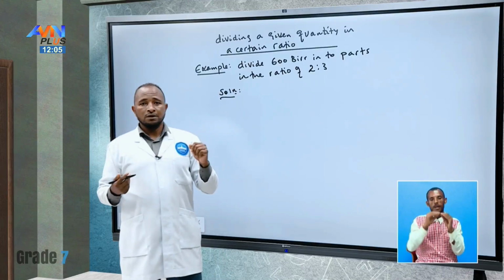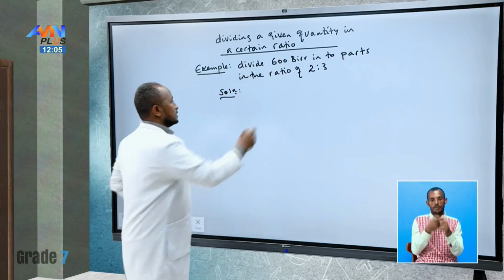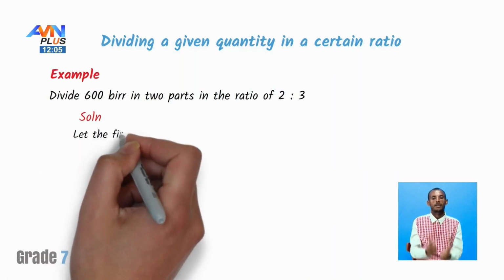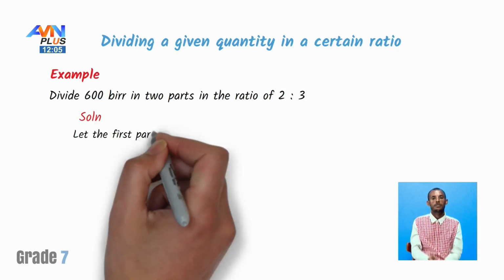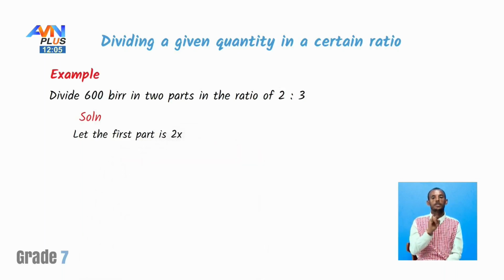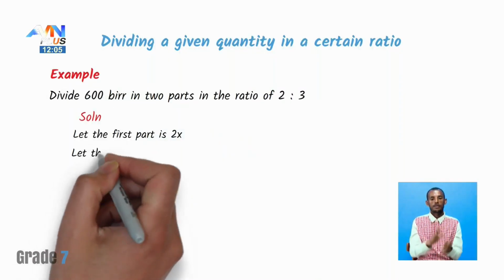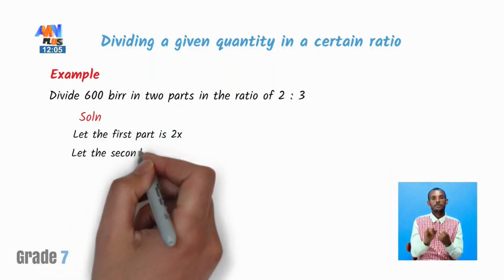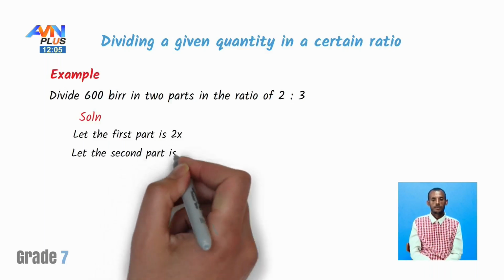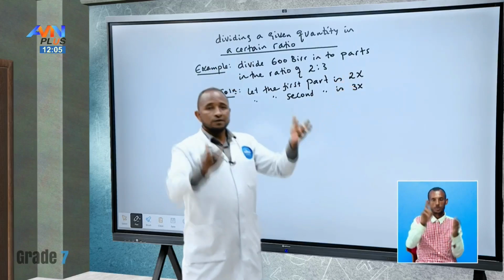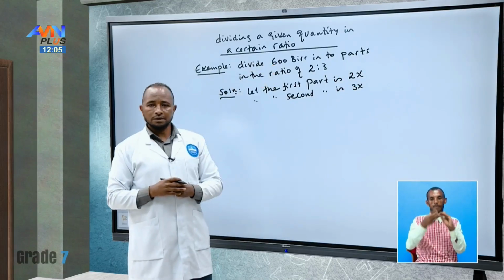Therefore, let the first part be 2 times a certain quantity, x. And let the second part be 3x. So these two together give the total amount, 600.